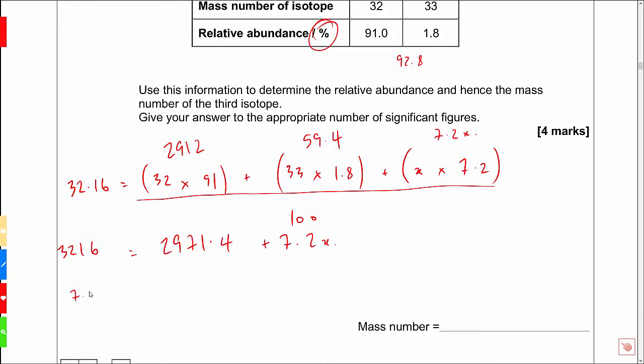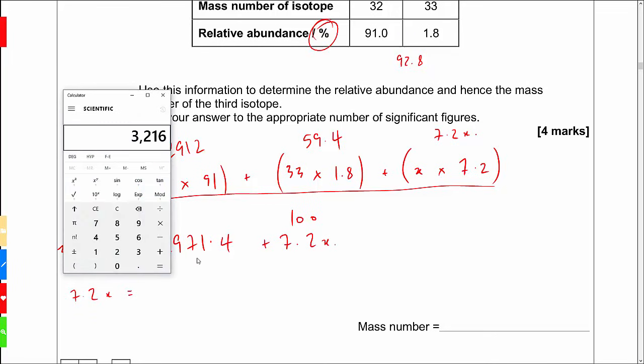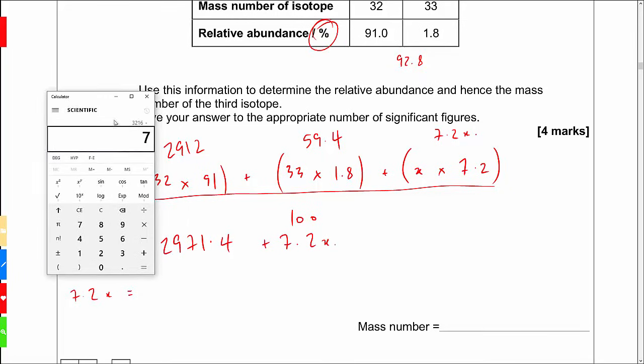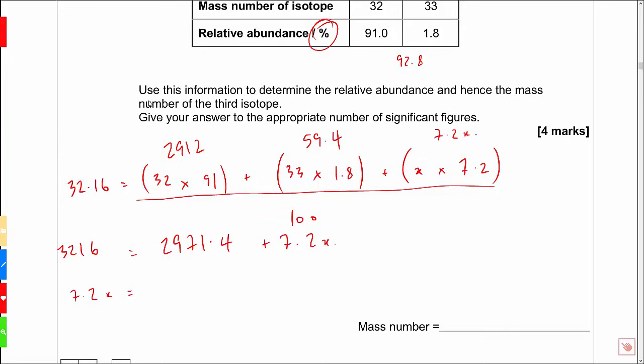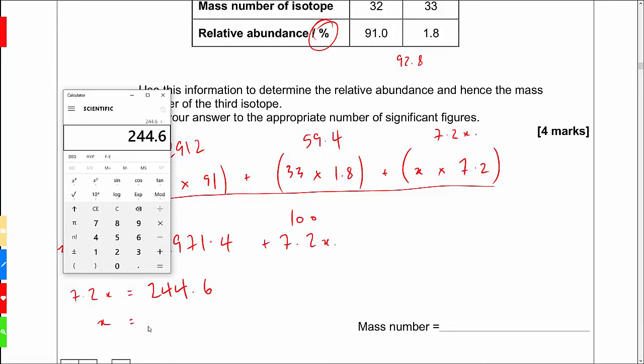So 7.2x therefore is equal to 3216 minus 2971.4, which is 244.6. And then finally X is going to be 244.6 divided by 7.2, 33.972.